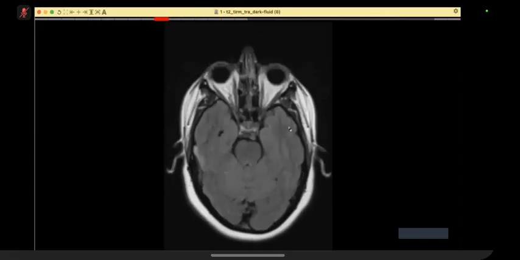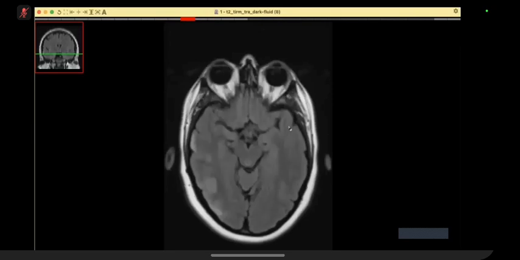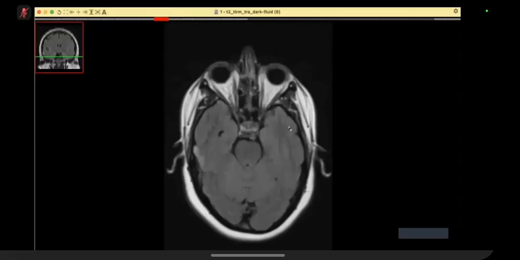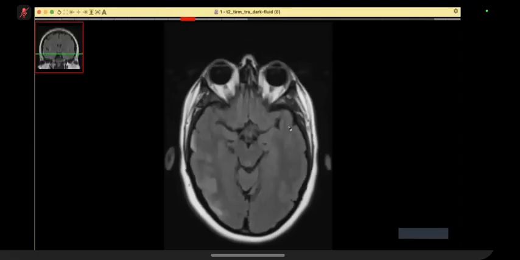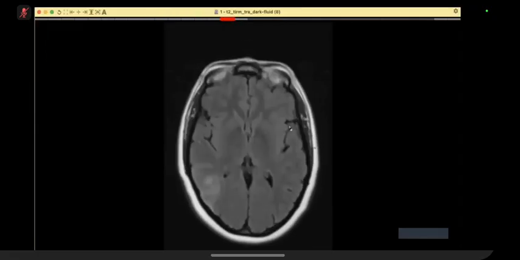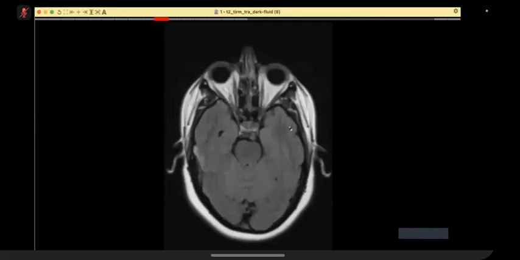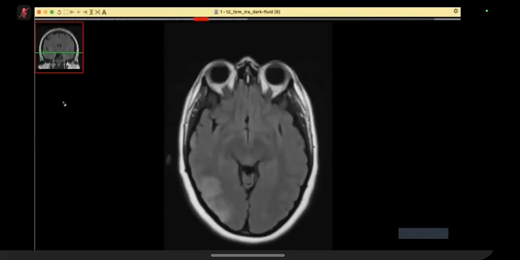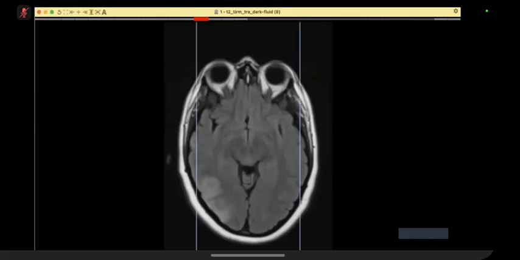Here I can also see that there is FLAIR hyperintensity beyond the margins which I saw on the CT scan. So it is a little more widespread, and there's some gyral swelling as well in the adjoining regions. But as there is no history of fever, I'm not thinking on the lines of cerebritis.